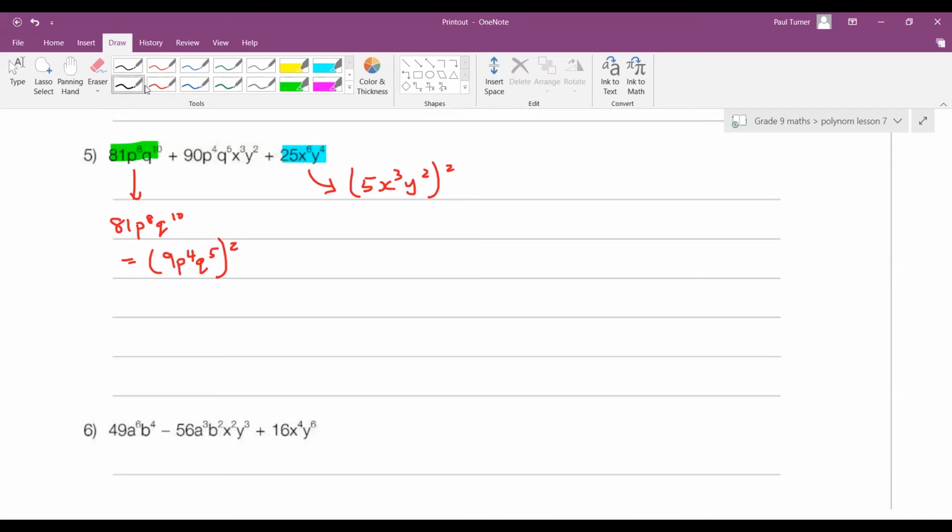So we can start writing them. Put your first term down, 9p4q5 squared. Based on the formula, it should be plus, because you have a plus here, plus 2. Don't forget the 2. Then we put the first term in, 9p4q5.